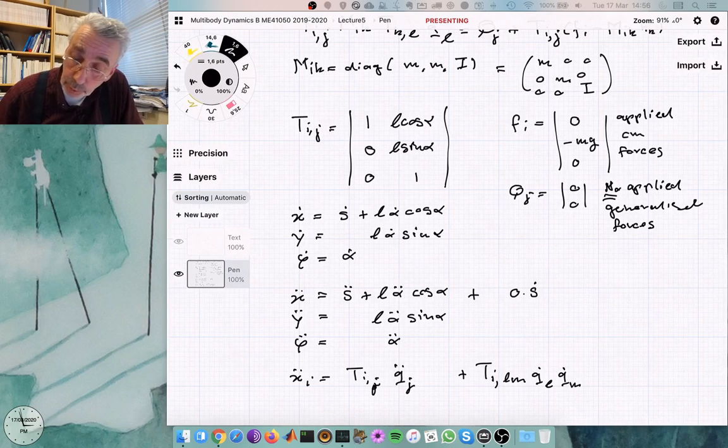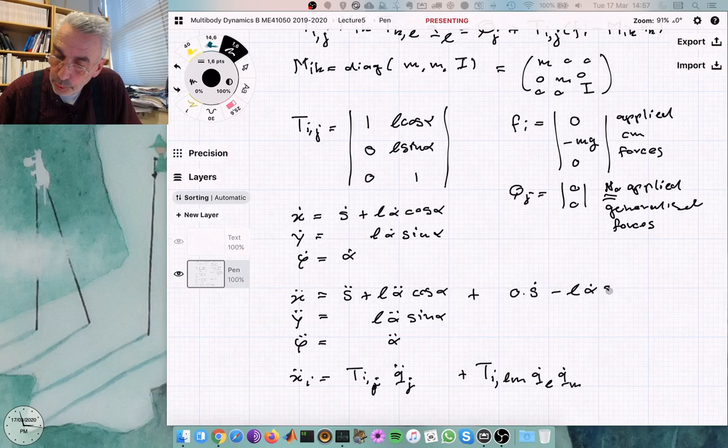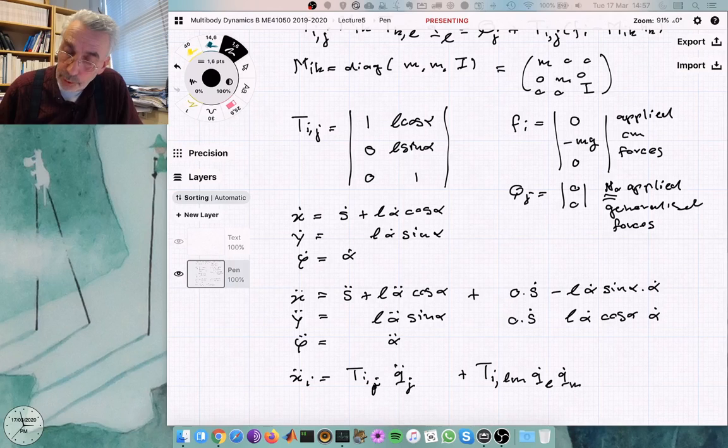So cosine alpha becomes minus sine alpha, so we get minus l alpha dot squared sine alpha. Or, in a more deductive way, it could be written like L alpha dot sine alpha times alpha dot. Then the next part, there is no S, so again you get 0 times S dot. There is an alpha, and then you get plus L alpha dot cosine alpha times alpha dot. And the last one, there is no S and no alpha, so 0 times S dot plus 0 times alpha dot.